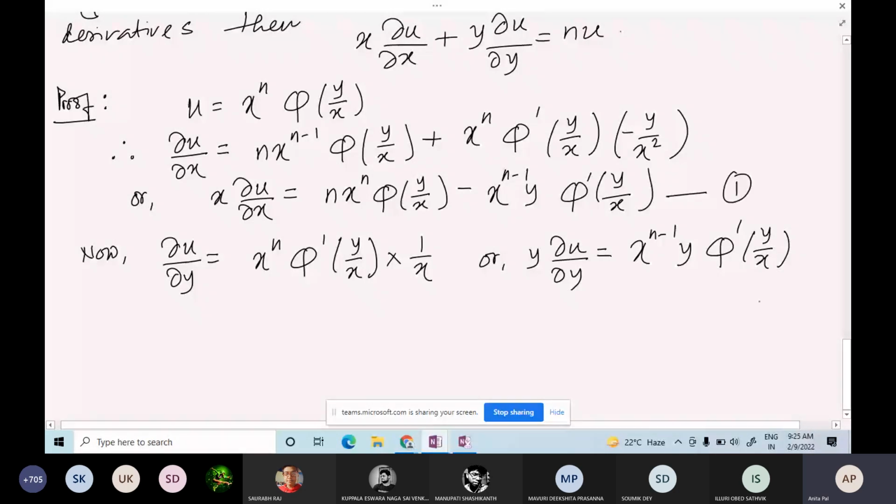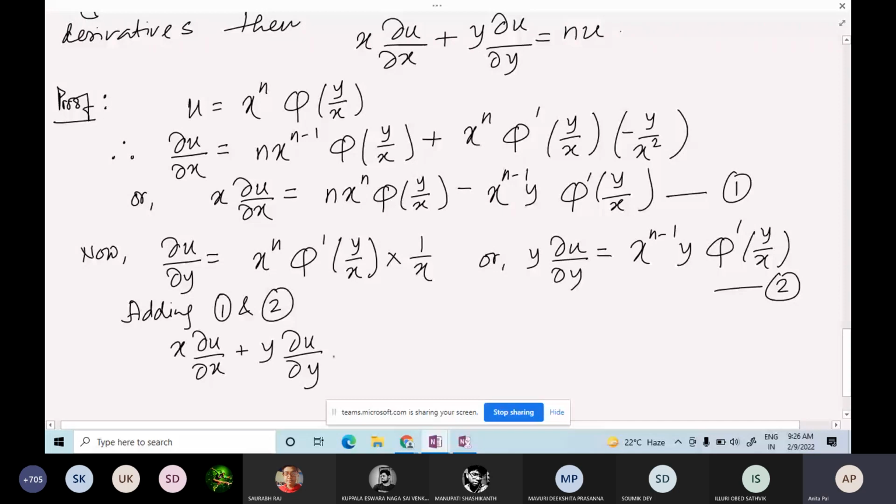Now I'll add these two equations, equation number 1 and equation number 2. So adding x del u del x plus y del u del y, these two terms get cancelled. We'll have only n x to the power n phi y by x.